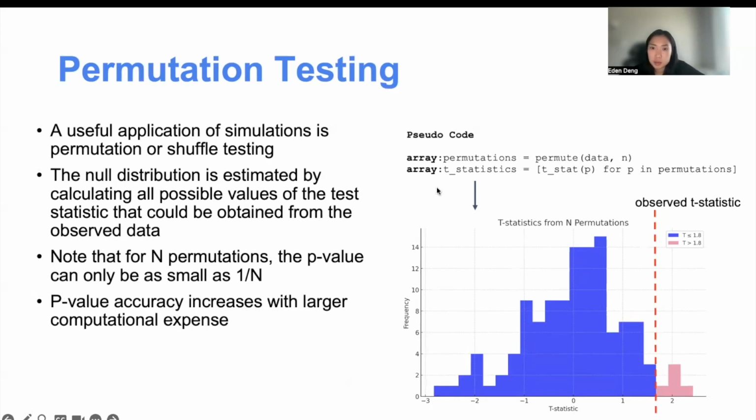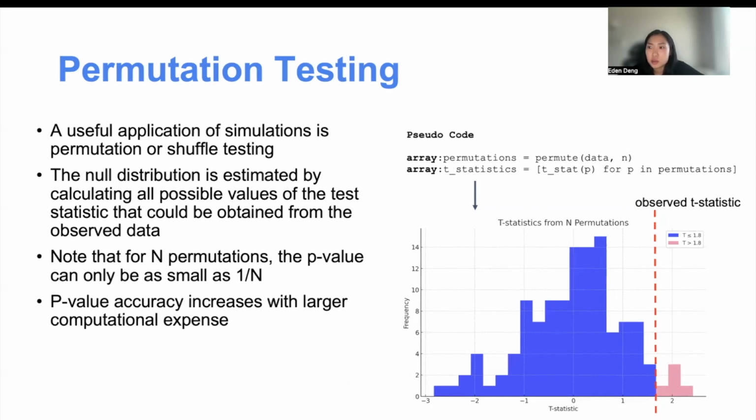So for example, suppose we want to estimate if there is a difference in means between two populations. So this would imply we want to compute a t-statistic. So we're going to take the data from both populations that we have, and we'll generate n random permutations of that data. So we'll treat each of those permutations as its own data set.